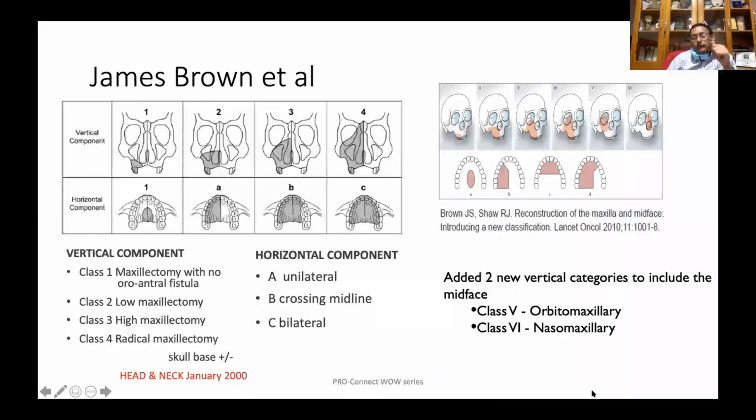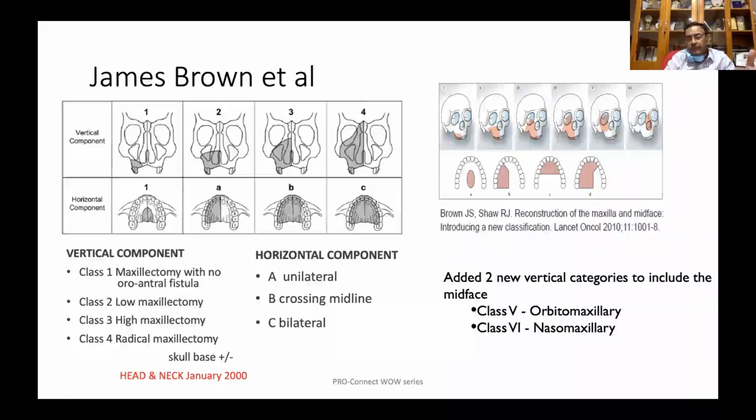But James Brown's classification, I would say, is more complete, whereas Cordero classification is very simple. It relates to what you say: infrastructure maxillectomy, total maxillectomy. But what James did was smartly put that horizontal and vertical component.